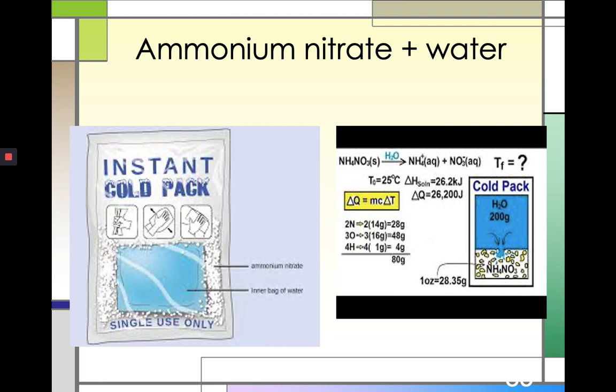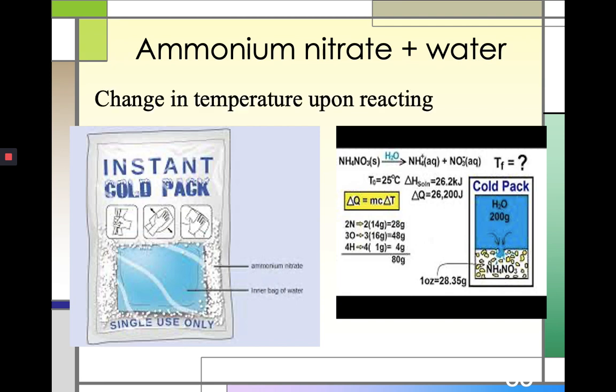What actually happens there is when you break that container, the ammonium nitrate will be mixing with water, and the chemical reaction will absorb energy from the surroundings, thereby making your sprained foot or ankle colder. So in here we can see that there is a change in temperature upon reacting.